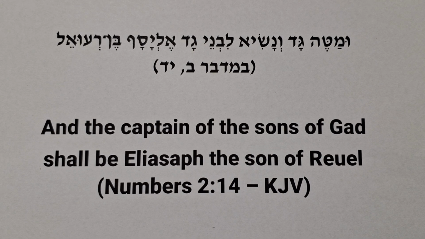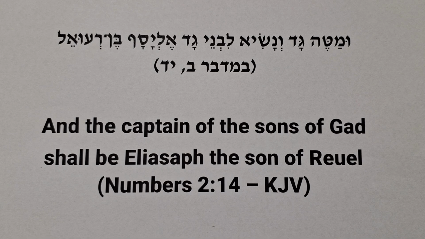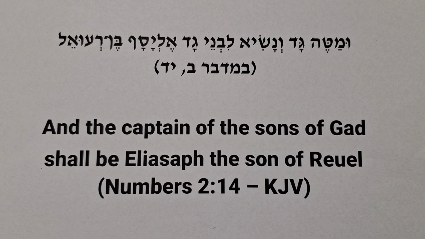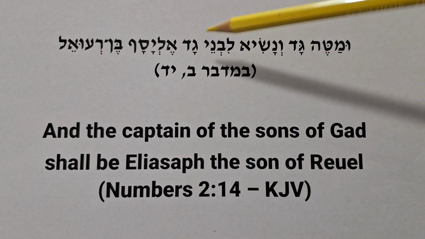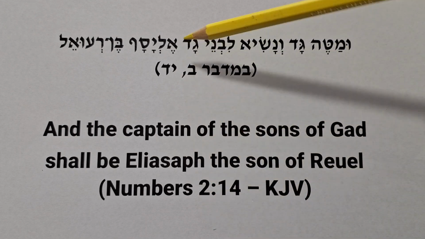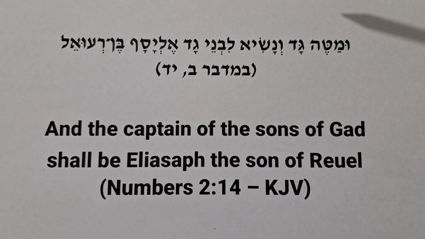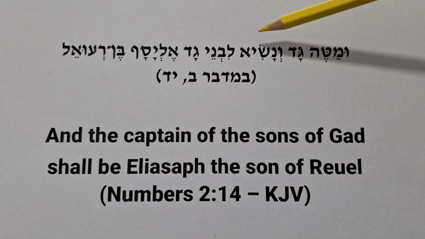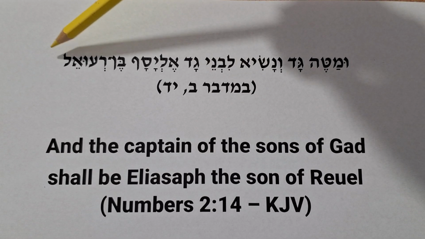The word nasi is quite ancient. You can find it in the Bible. Here is one example. In the book of Bamidbar, Numbers, chapter Bet 2, verse Yud Daled, 14. Umate Gad venasi livnei Gad Eliasaph ben Reuel.